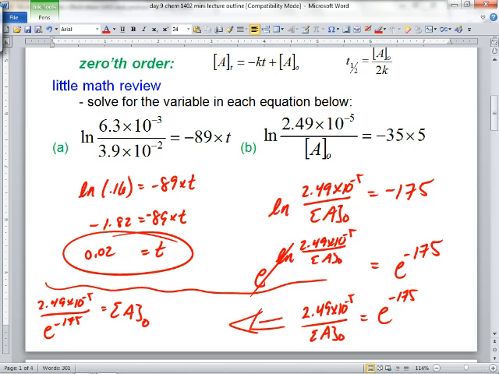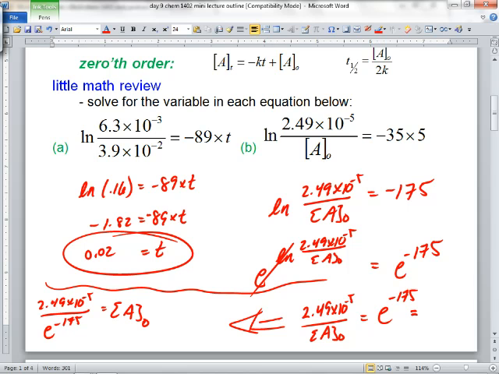Okay. So what is 2.49 times 10 to the negative 5, divided by e to that power? In fact, it might have been easier to find that number over here so you can see what it is.